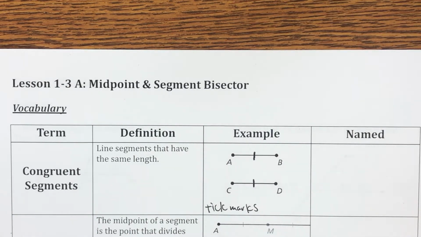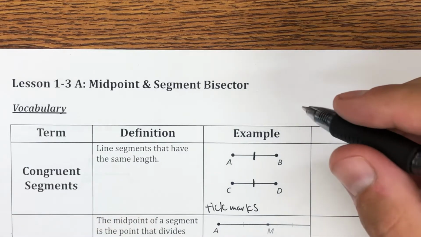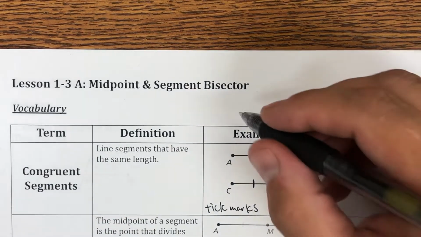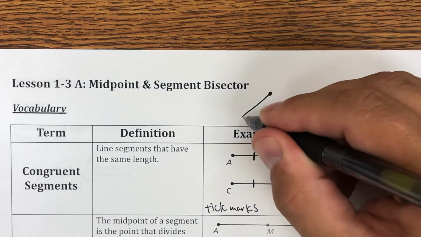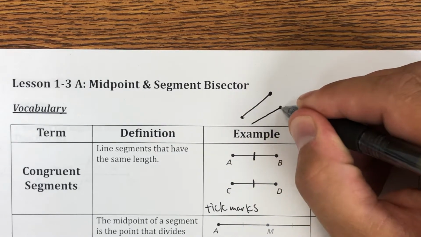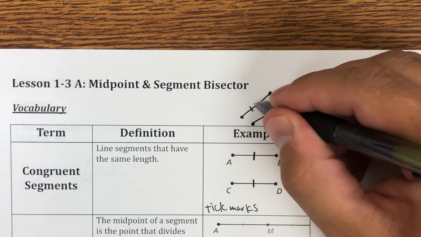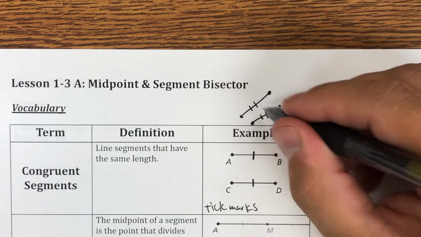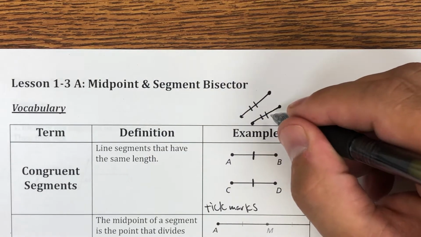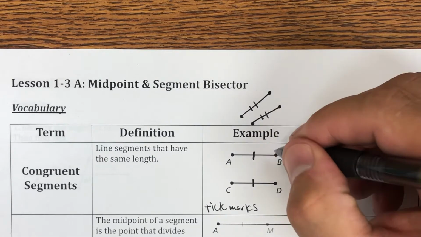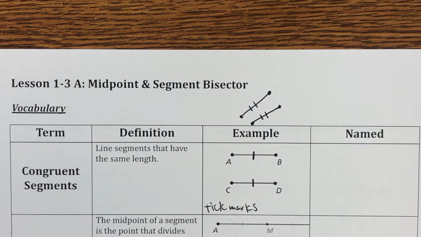You might see a different diagram where, I'm just going to draw another example here right above it, I have this segment and this segment, just two random ones. If they both have two tick marks, that means those two are congruent to each other, but they are not necessarily congruent to the ones that only have one tick mark.